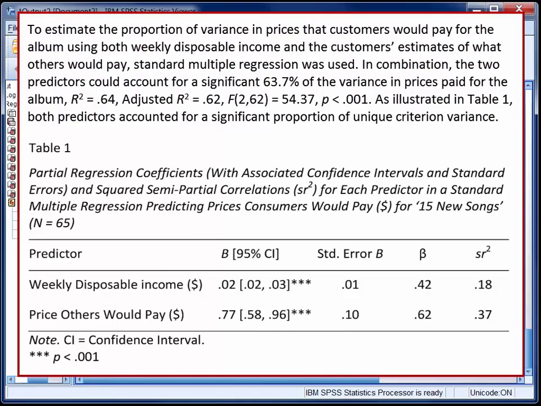As illustrated in Table 1, both predictors account for a significant proportion of unique criterion variance. In the full write-up, you would probably also need to include the results of your assumption tests, and these are described in StatHand.